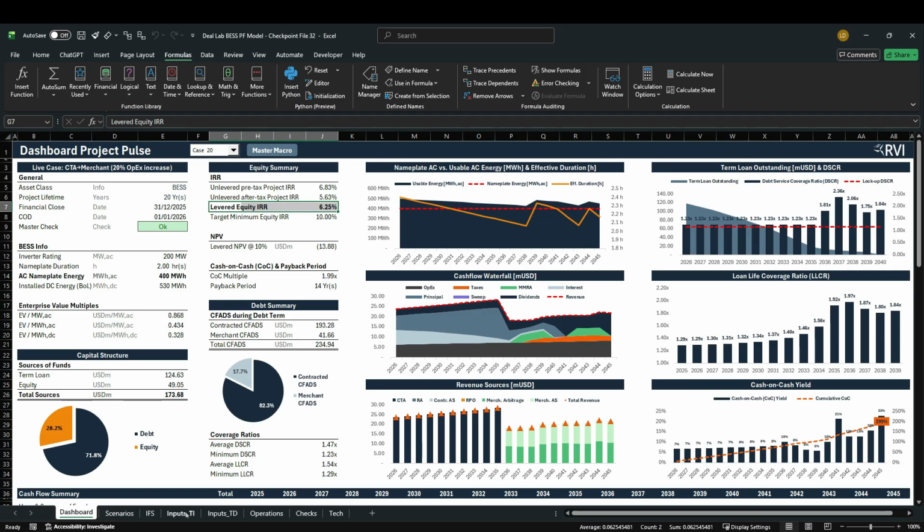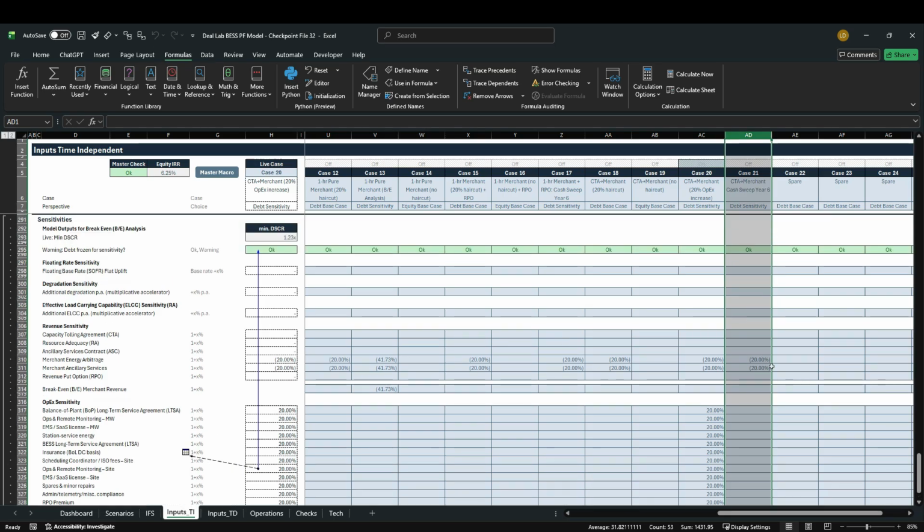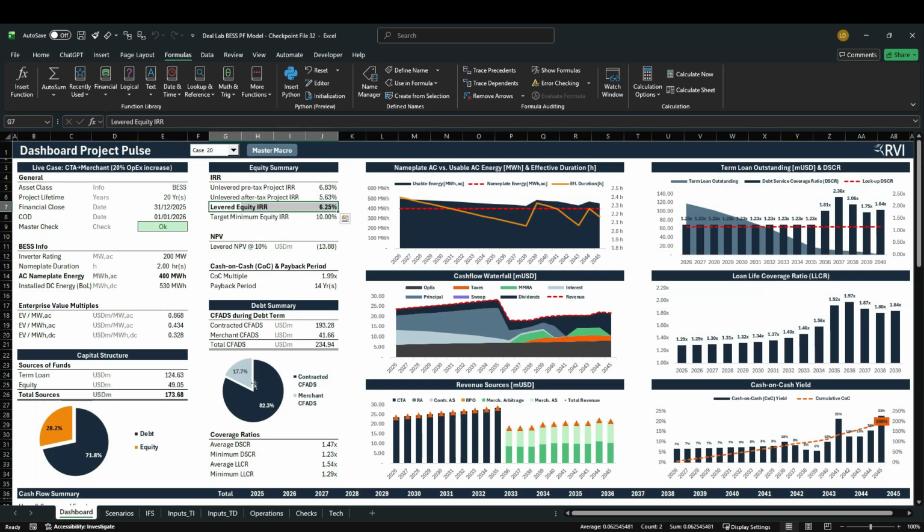Then the very last sensitivity, or better scenario that we're asked to run, is a cash sweep after year 6. So here we essentially just assume that sizing case, but then we apply an accelerated repayment in year 6 onward. So let's first switch over to case 18 to see what our debt sizing case looks like in the base case.